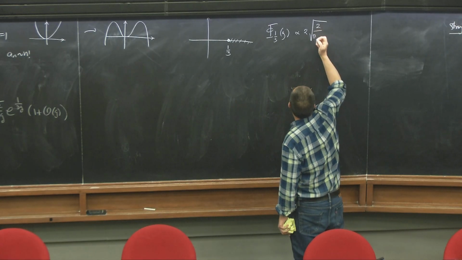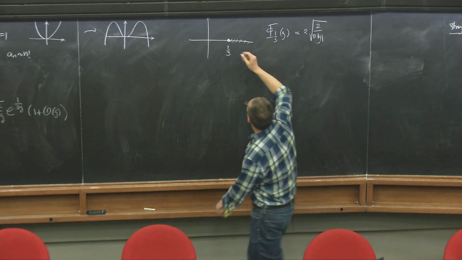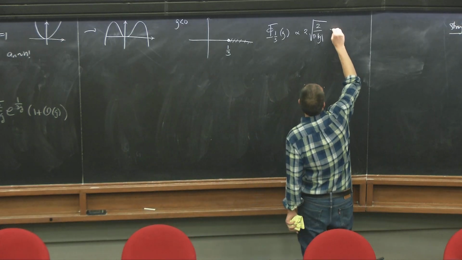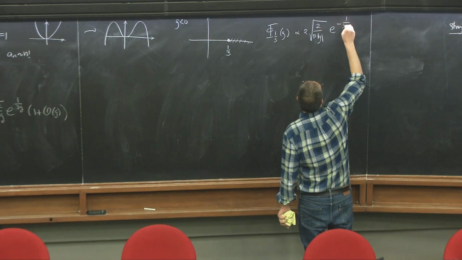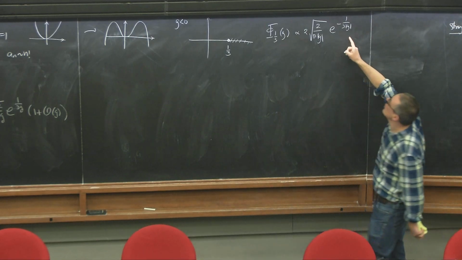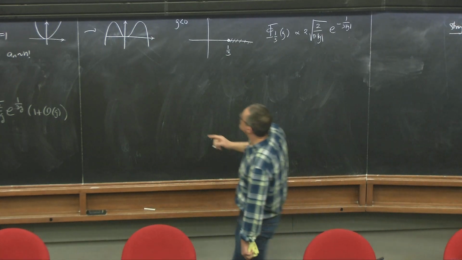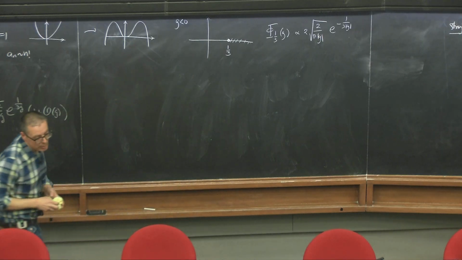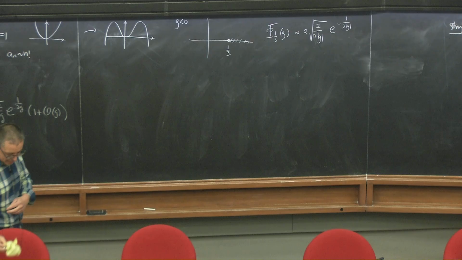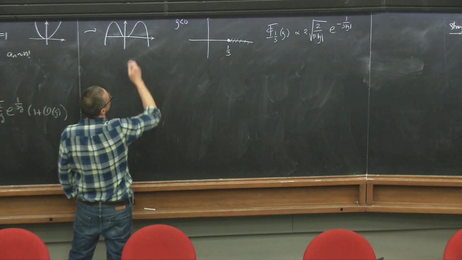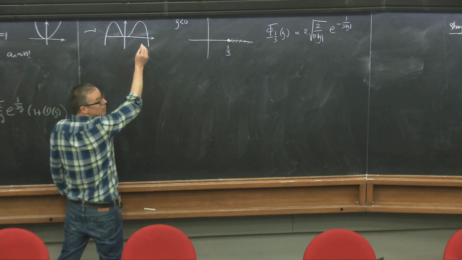So let me write it like this. Here I assume that g is negative. And then you will have e to the minus 1 over 3g, okay? So now you have really an exponentially small amplitude. And it's actually very easy to interpret this, because we know that in such an unstable potential, what happens is that you have tunneling, okay?